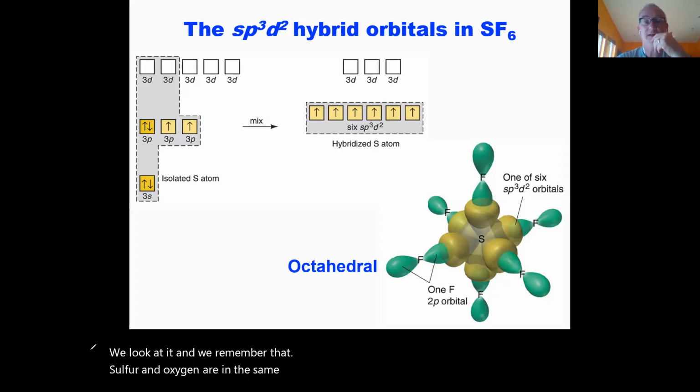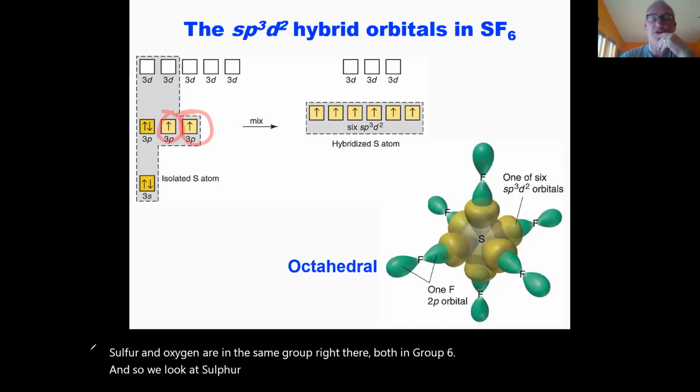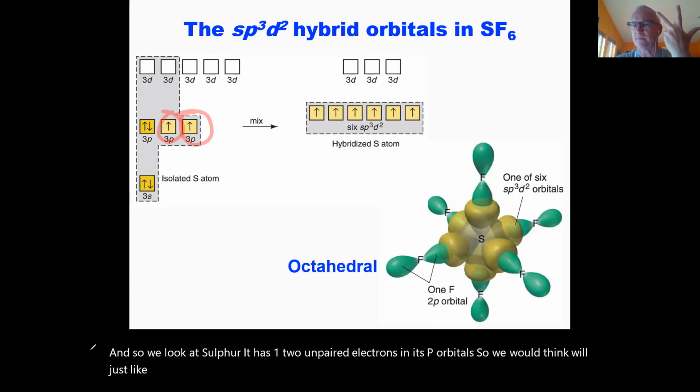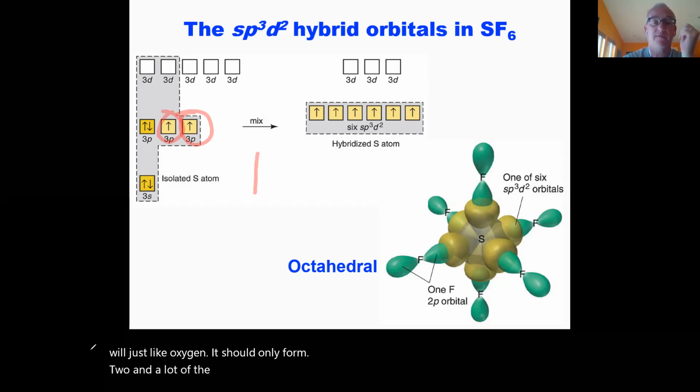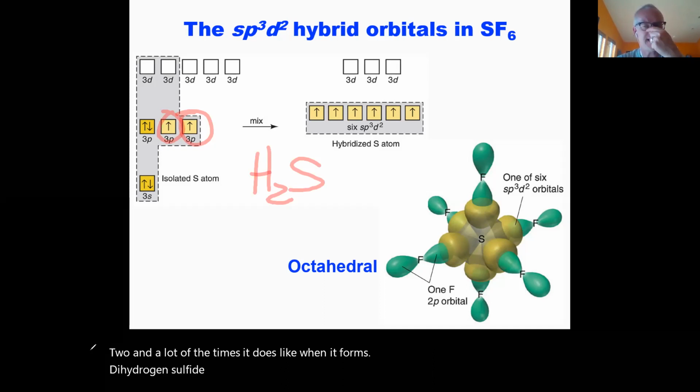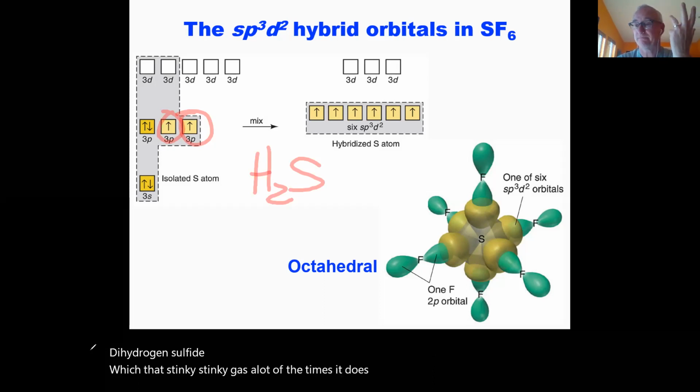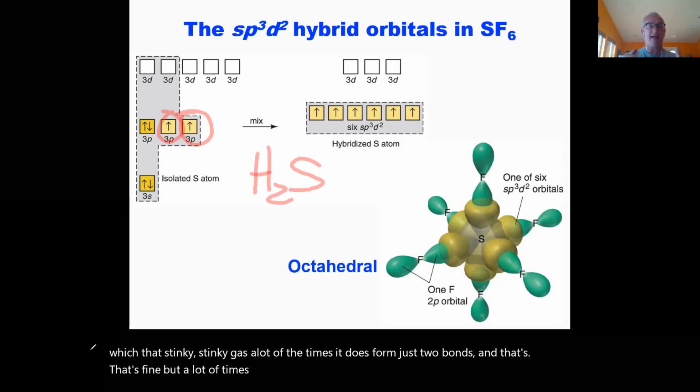They're both in group 6. And so when we look at sulfur, it has 2 unpaired electrons in its p orbitals. So we would think, well, just like oxygen, it should only form 2 bonds. And a lot of the times it does, like when it forms dihydrogen sulfide, which is that stinky, stinky gas. A lot of the times it does form just 2 bonds, and that's fine. But a lot of the times it forms 6, and we can't explain that like this.